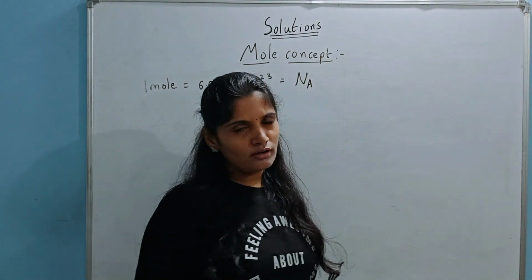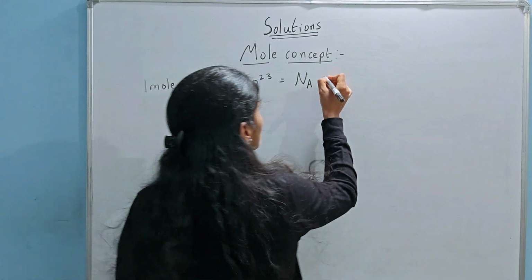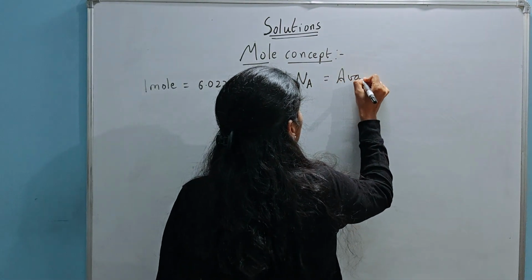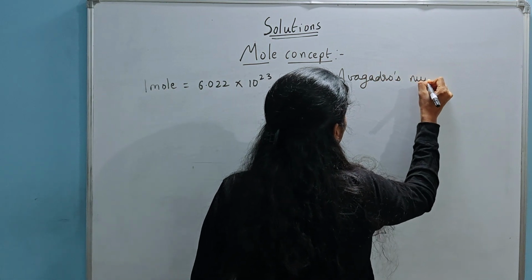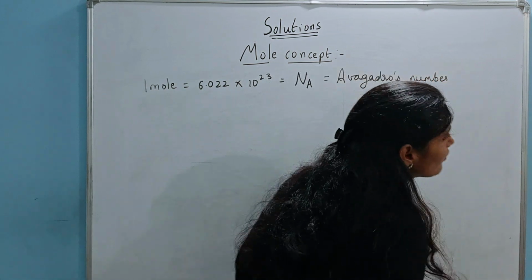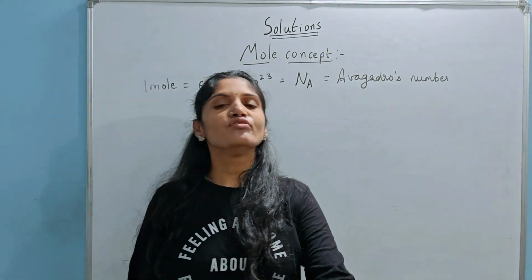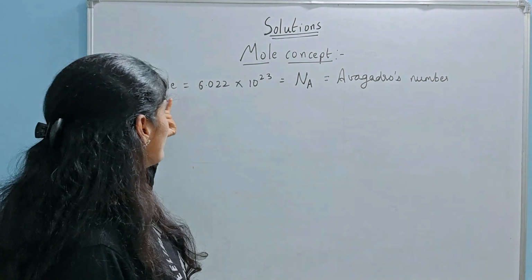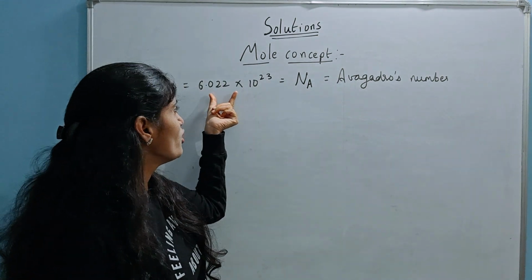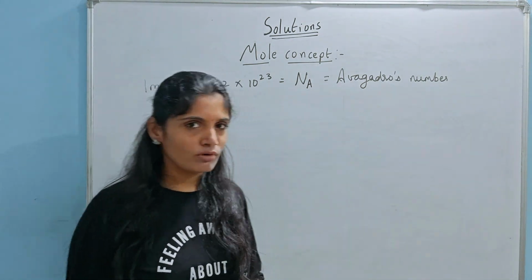So 1 mole is represented by Na, capital N and capital A, which is your Avogadro's number. So what is Avogadro's number? 6.022 into 10 to the power of 23 is your Avogadro's number. So this is how 1 mole is equal to 6.022 into 10 to the power of 23, which is equal to Na, your Avogadro's number.